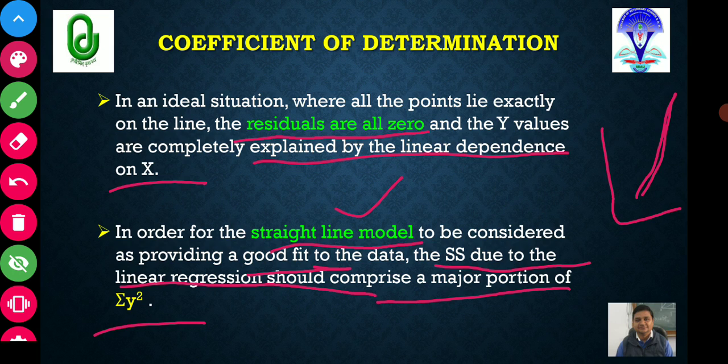Suppose you are taking milk yield as the dependent variable, and your consideration is that if a cow is exercising, then milk production increases substantially. This is your hypothesis, but in practice the exercise may increase milk production by 1% or 0.5% or even less, because many other factors control milk production, maybe feed, maybe environment, or anything else.